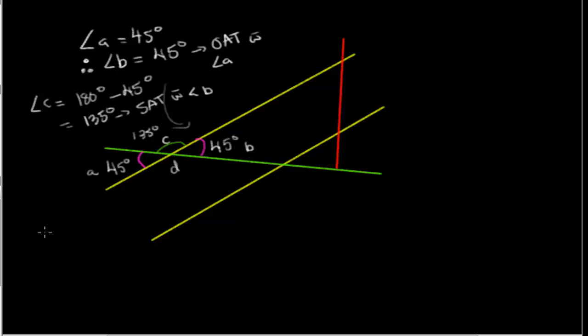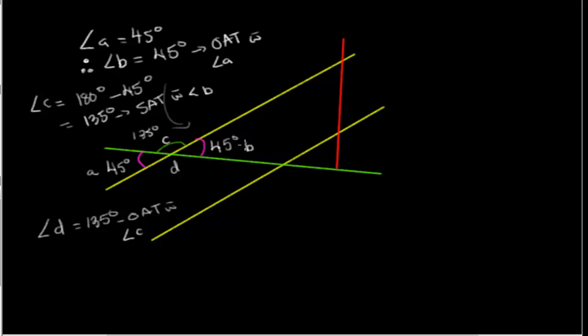So angle D is equal to 135 degrees. Why? OAT with angle C. So now we've got that.